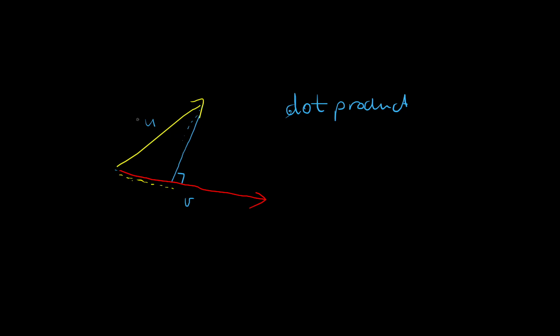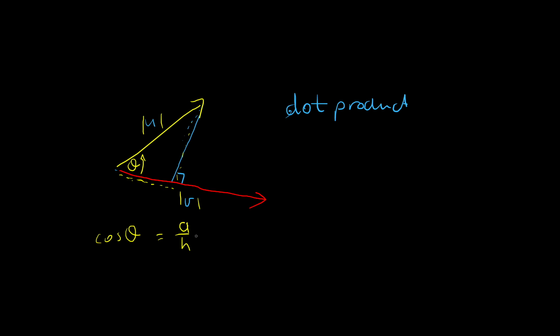So you want to basically check if this is the magnitude of u and this is the magnitude of v, the length of this vector, and we want to now see what is the x value of this vector in the direction of the v vector. So if this is the angle between the two vectors, to get this value, it's going to be actually adjacent over hypotenuse, and that is going to be the cosine of theta.